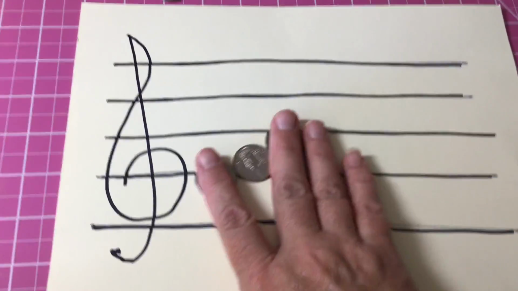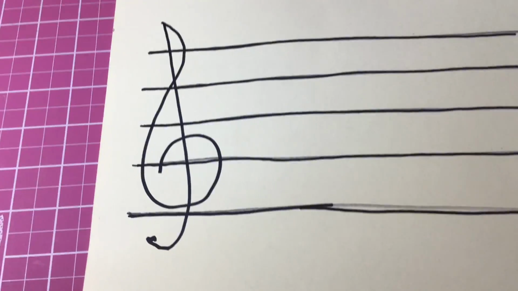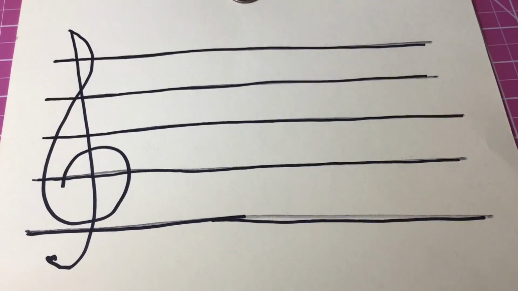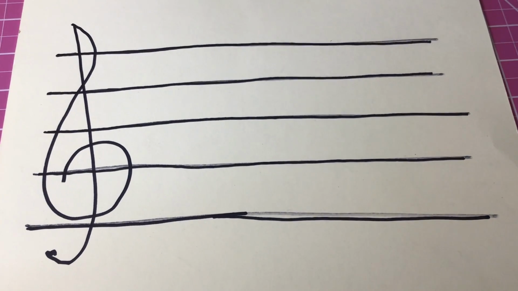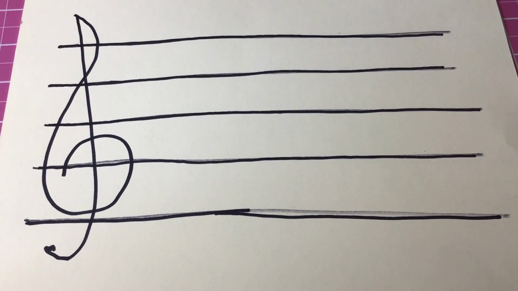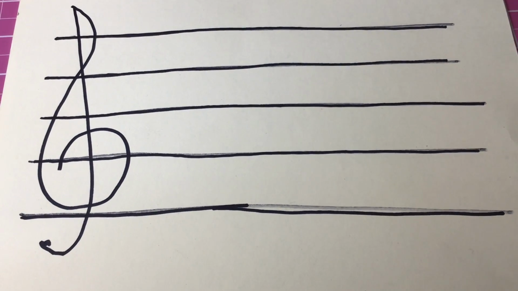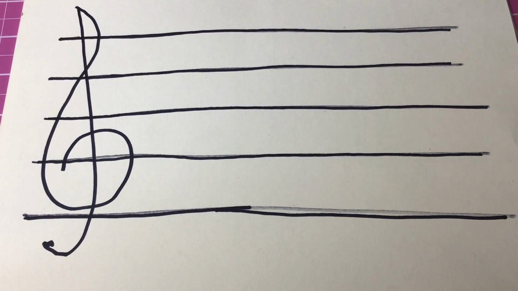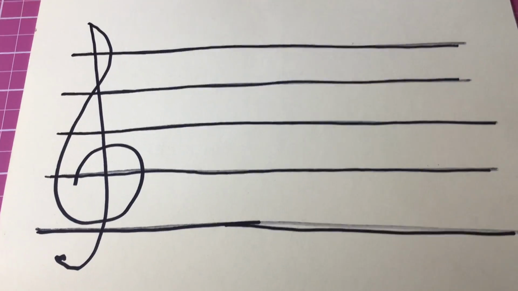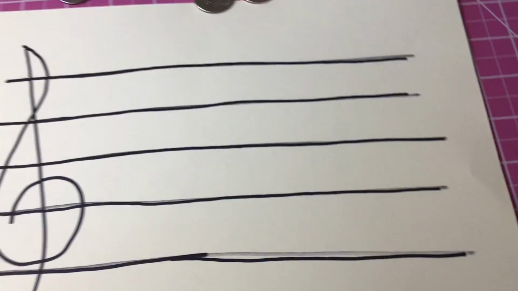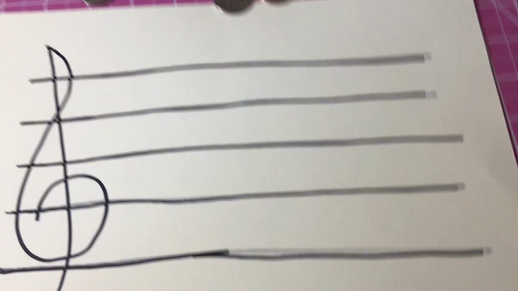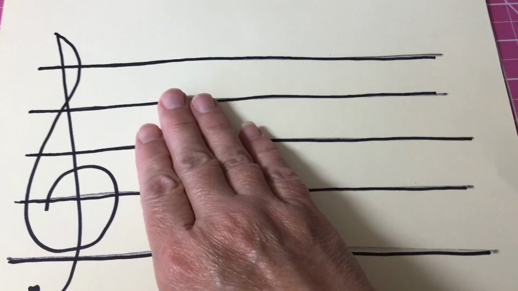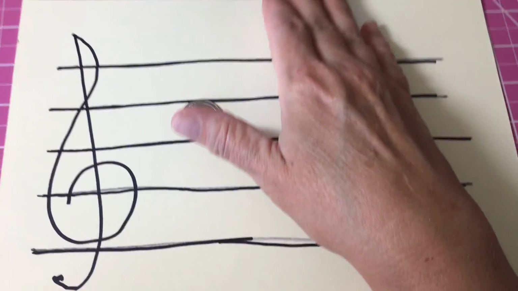Okay? Our 4-letter word today is cage. C-A-G-E. Alrighty. If you need more time, you can pause.